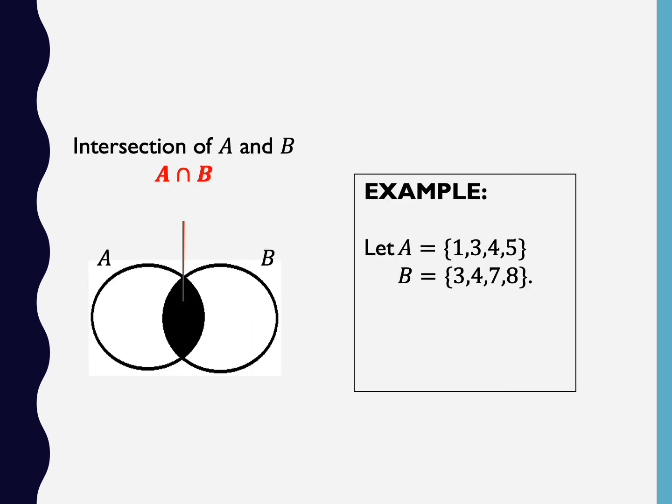For example, let set A be the set with elements 1, 3, 4, 5, and set B with elements 3, 4, 7, and 8. The intersection of A and B is given by the elements that are the same for both A and B, which is 3 and 4.